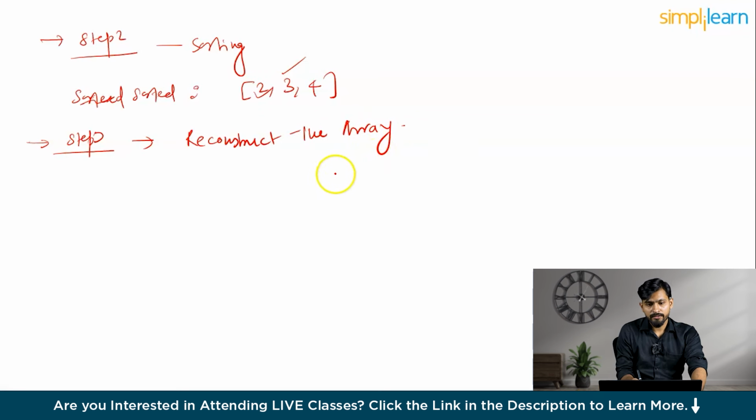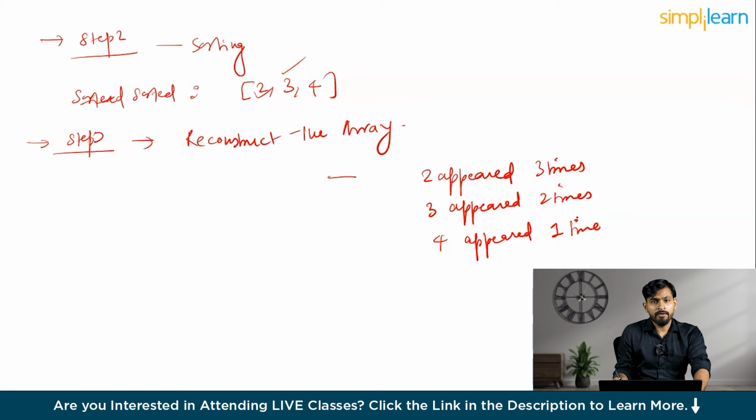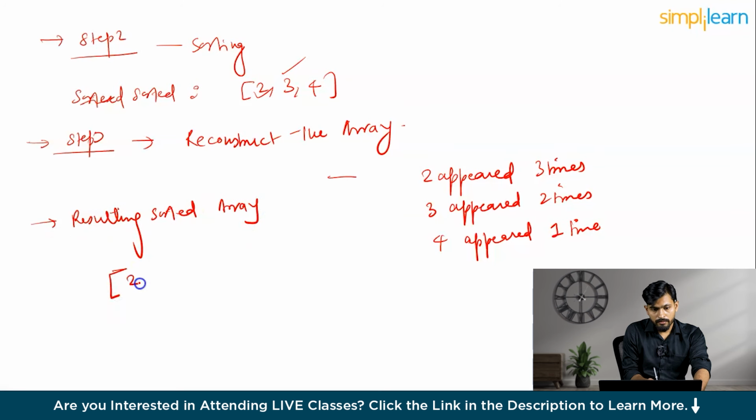We can see here 2 has appeared 3 times, 3 has appeared 2 times, and 4 has appeared 1 time. So the resulting sorted array would be 2, 2, 2, 3, 3, and 4.